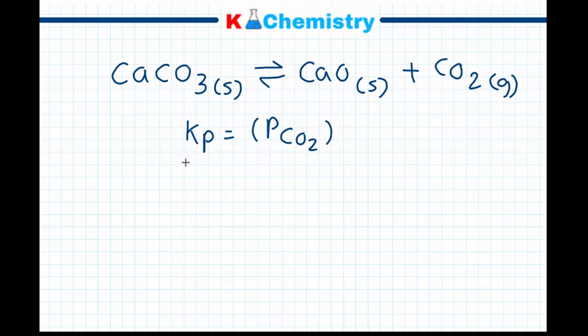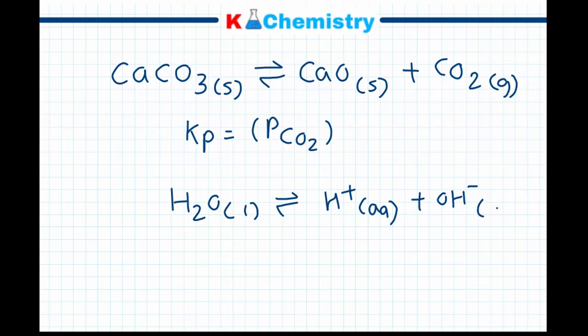If you have H2O liquid breaks down into H plus aqueous ions and OH minus ions, the only thing that you write in the equilibrium expression, the Kc, is the concentration of H plus multiplied by the concentration of OH minus, and there is no mention for the liquid water.